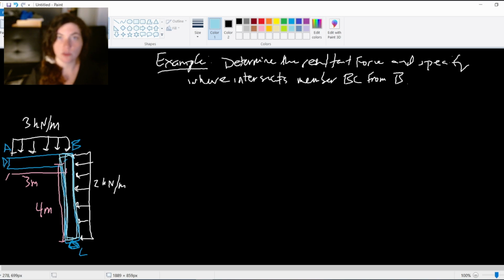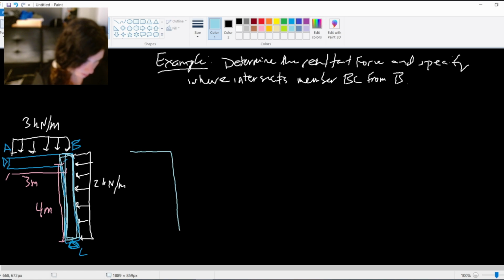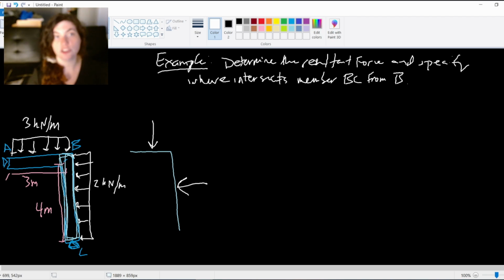So first things first, of course, is going to be finding the resultant force, right? So we can simplify this system into the resultant force for the rectangular shape on top and for the rectangular shape on member BC.